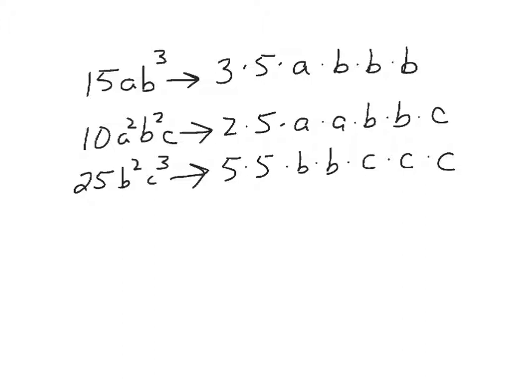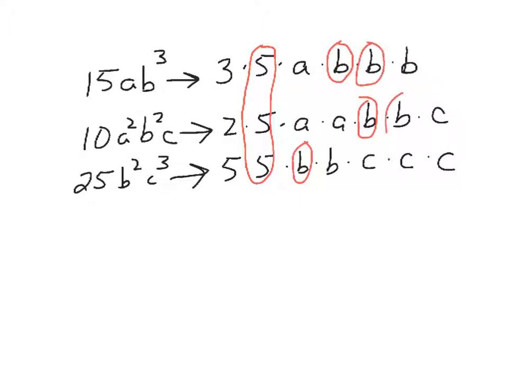Well, they all have a common factor of 5. So I'm going to circle my 5, and that's one of them. They also have some b's. Notice this one has a b, this one has a b, this one has a b, but they also have another b. This one has a b, this one has a b, this one has a b.